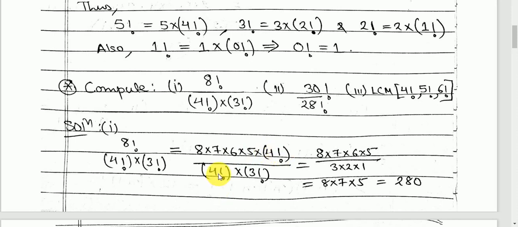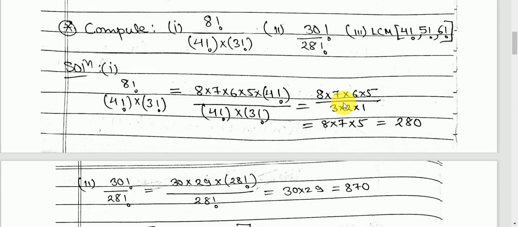So that it can cancel with the denominator. Down I have factorial 4 into factorial 3, so the factorial 4 cancels. I'm left with 8 into 7 into 6 into 5, and down factorial 3 means 3 into 2 into 1. After cancelling whatever you can, you will get 280.